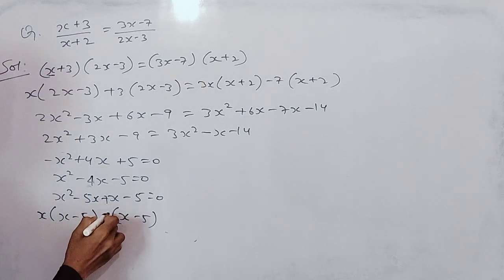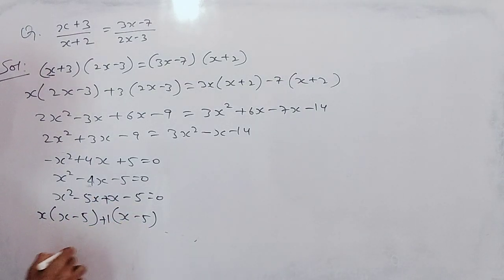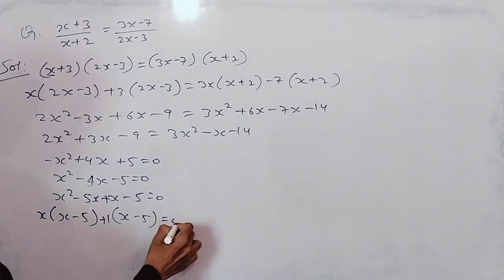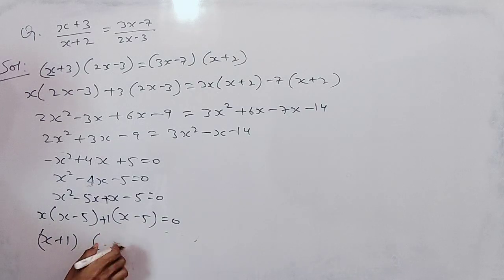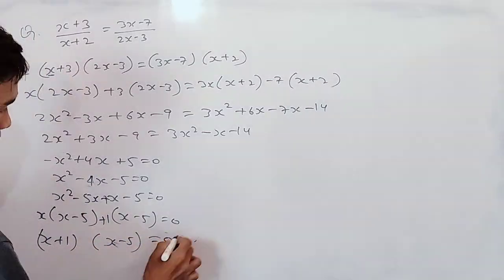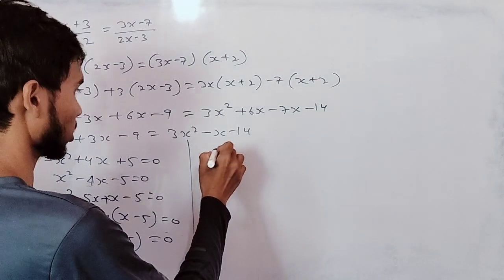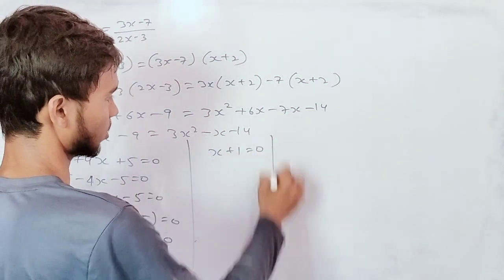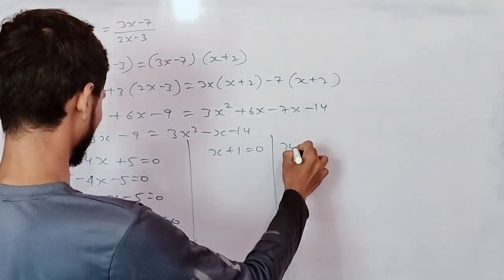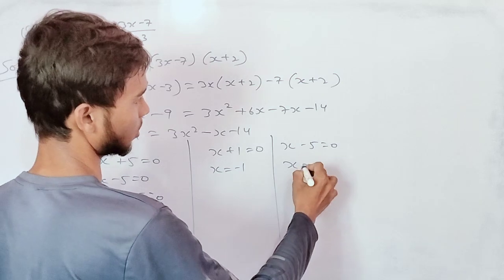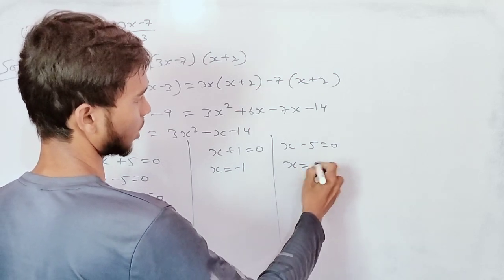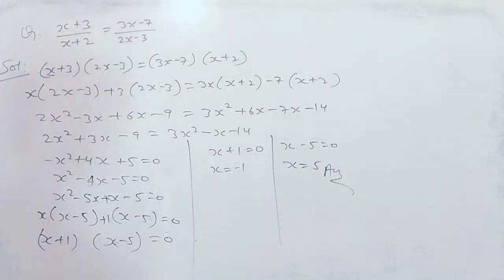I think this should be plus. Now it is correct. Clear? Now outside terms in bracket x minus 5, from this we can get two roots. X plus 1 is equal to 0, x minus 5 is equal to 0, x is equal to minus 1, x is equal to 5. These are the roots.